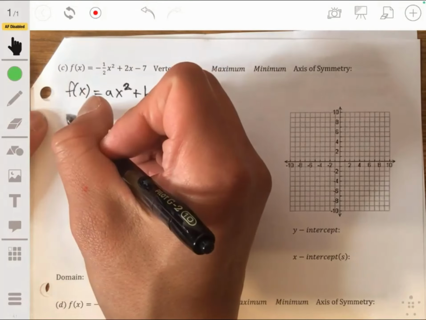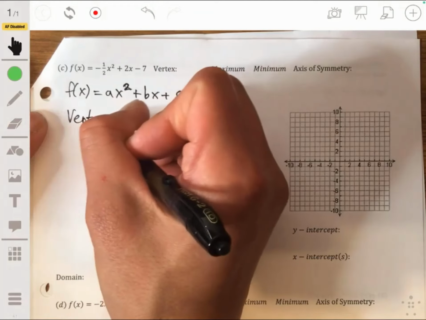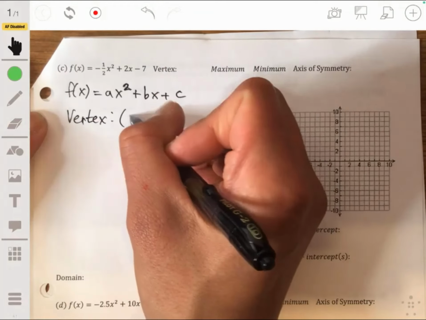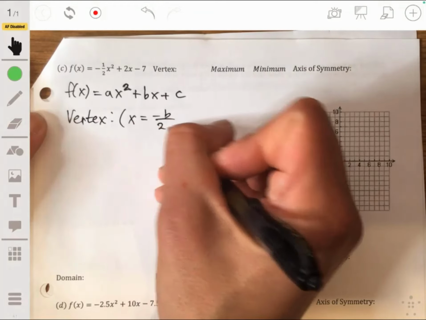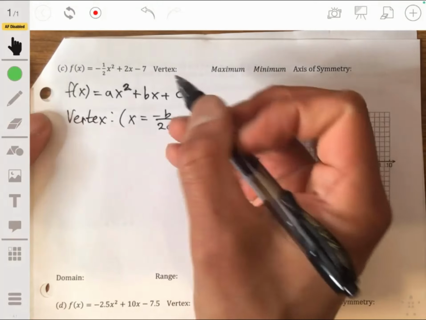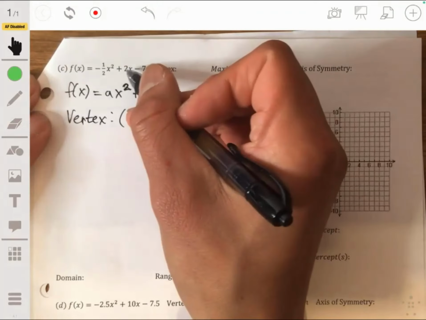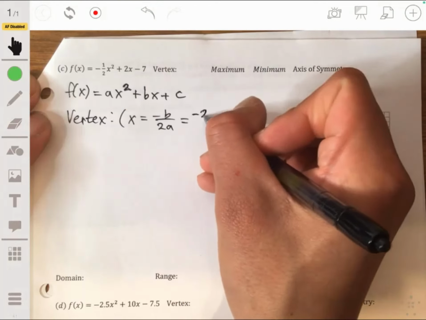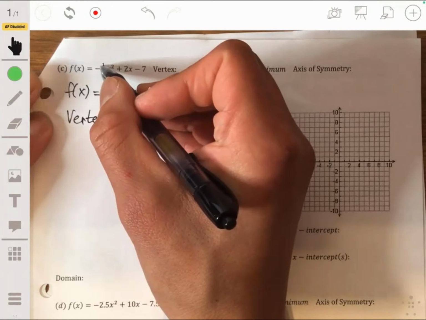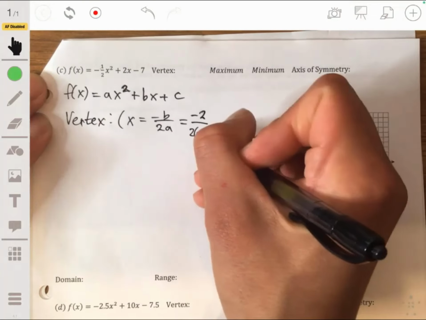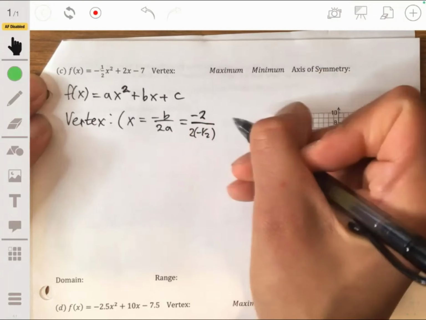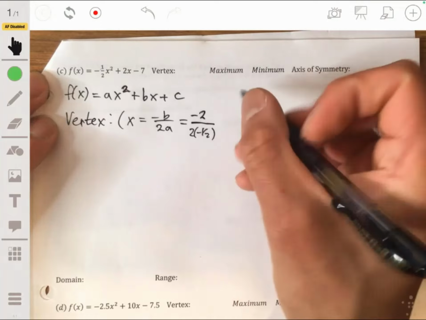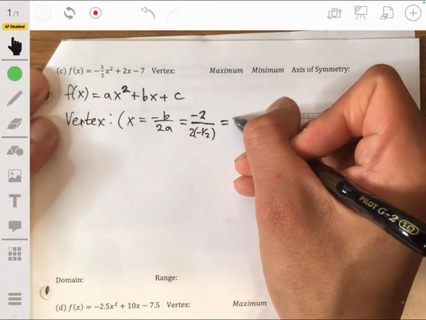We can find the vertex by using these equations. X is equal to -b over 2a. So in this case, b is 2, so -b will be -2. 2a will be 2 times -1/2. So -2 over -1. This will be +2.